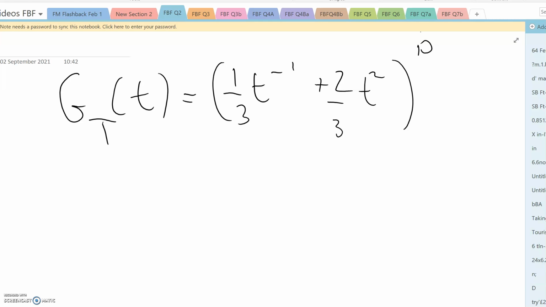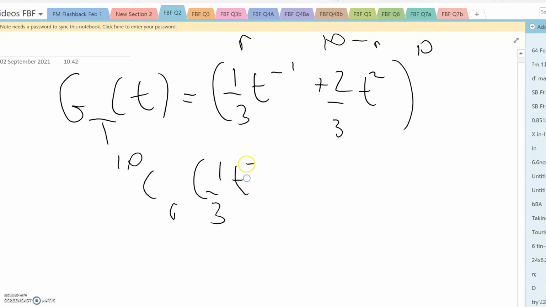Let us imagine that it involves this term to the power of r and this term to the power of 10 minus r. So here we go: 10 choose r times (1/3 t to the -1) to the r and (2/3 t squared) to the 10 minus r.